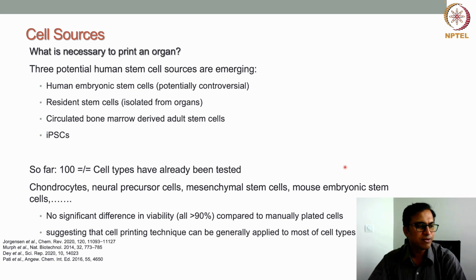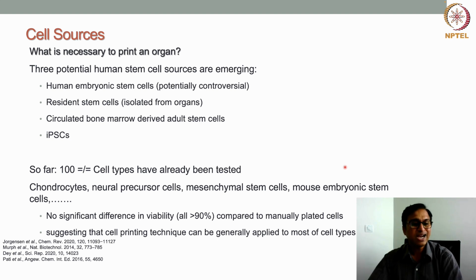Now, when you are working on bioprinting or biofabrication, or trying to print a particular organ, you need cells. And if you see the cellular concentration in that particular organ or tissue, it is enormous. In certain cases, anywhere between 10 to 100 million cells are present in a ml of tissue.